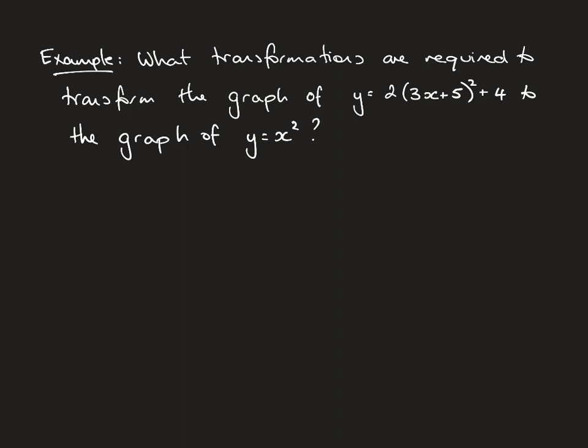Okay, so what transformations are required to transform the graph of y equals 2(3x + 5)² + 4 to the graph of y equals x²? So the transformed graph is in fact just an x² graph originally that's been transformed.